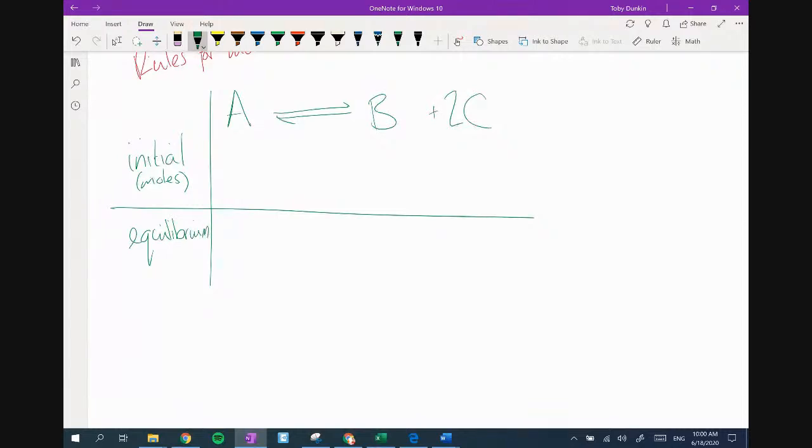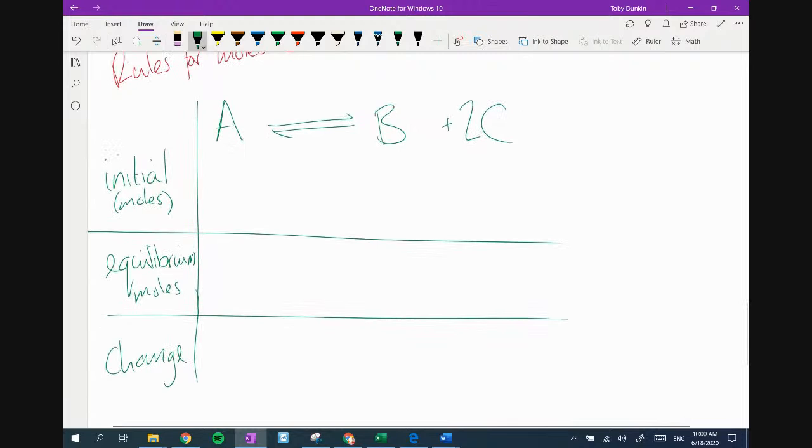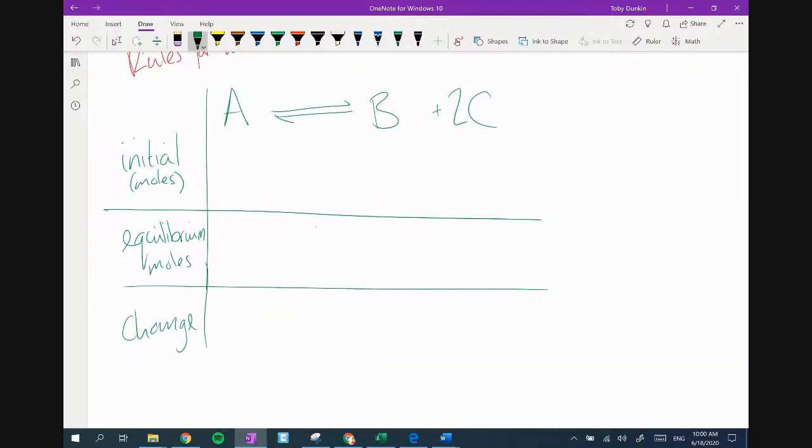And I like to then do change moles as well. So what we realize is if initial moles is X, B and C will most likely be 0. Would everyone agree with that?